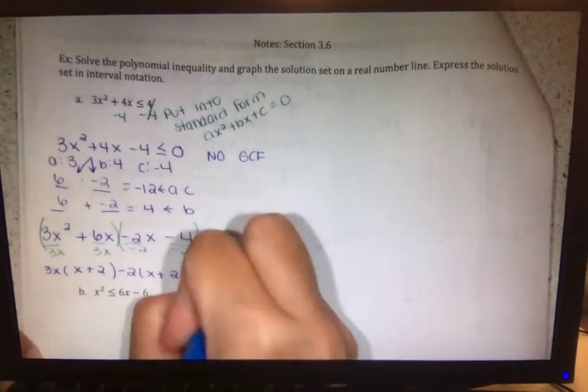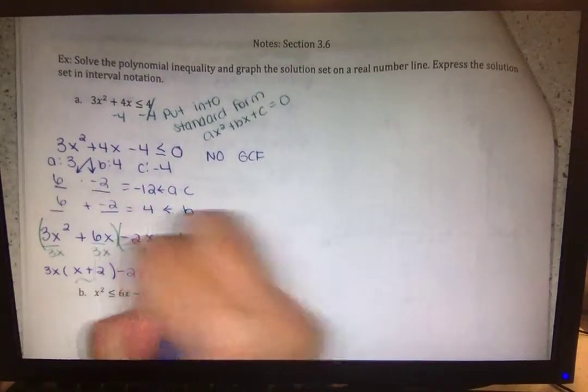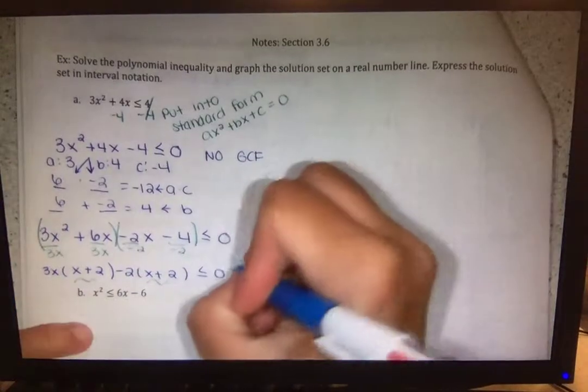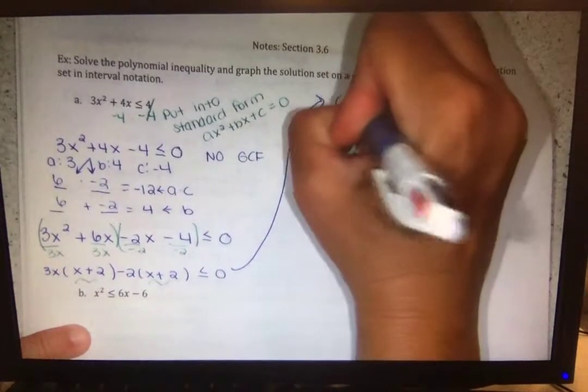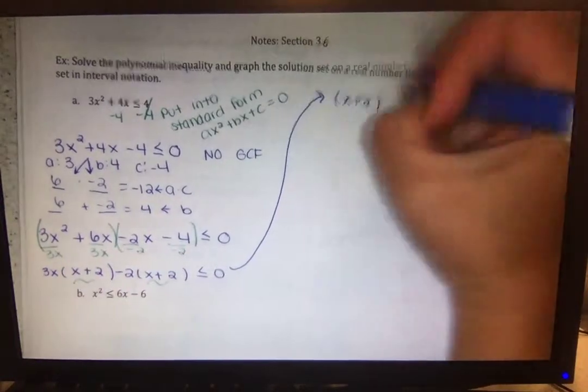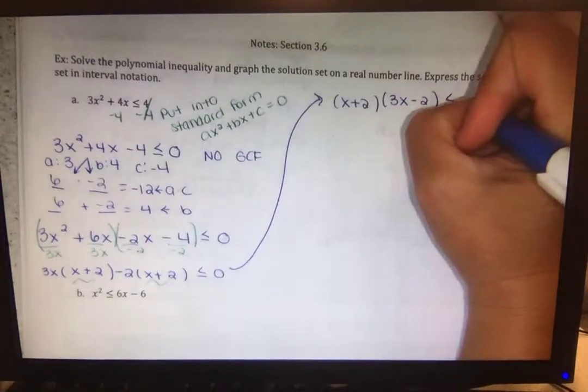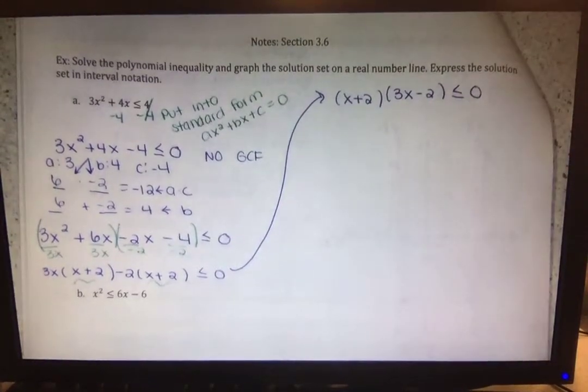So we know we did something right because they are both x plus 2, so that'll be one factor. Taking out those x plus 2's, we're left over with 3x minus 2, so that'll be our other factor. So x plus 2 times 3x minus 2 is less than or equal to 0.